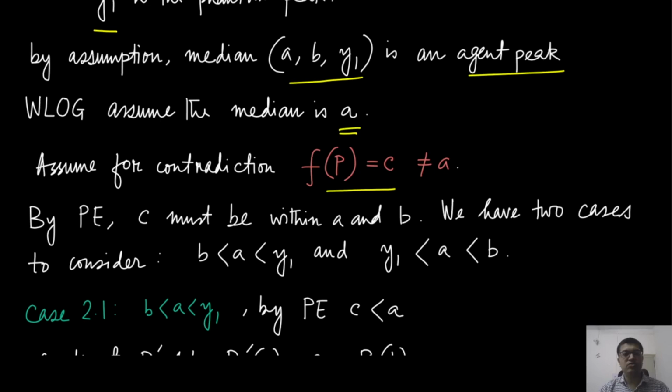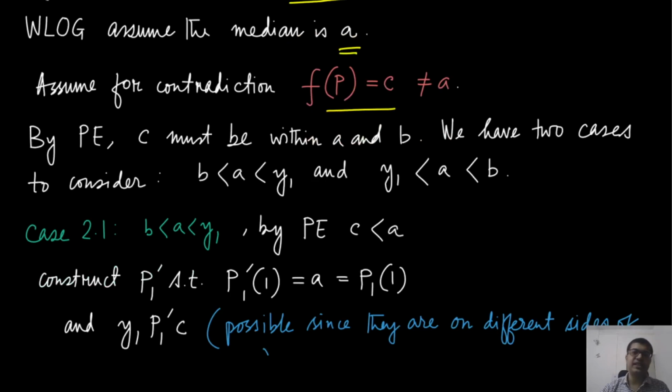What we know from Pareto efficiency is that C, the social choice outcome, must lie within A and B. Those are the agent peaks, and we have shown a result which says that Pareto efficiency ensures that the social choice outcome must be within the interval of these two peaks.